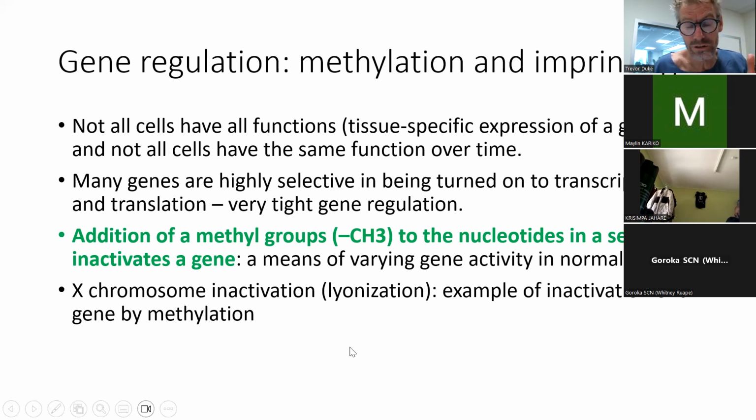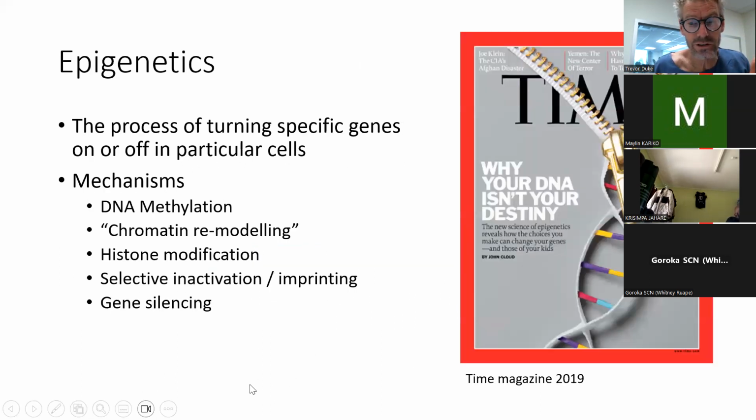And I want to briefly touch on these abnormal activation and inactivation of genes, and that's called epigenetics. It means that certain environmental factors can turn on our genes or turn them off. I won't go through that in detail. I've talked about DNA methylation, but there's a number of other ways in which genes can be activated or inactivated.